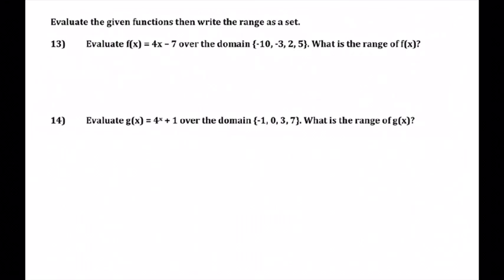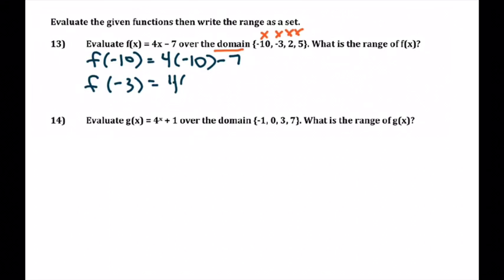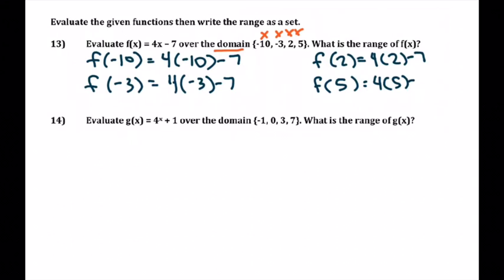For number 13, it says to evaluate f of x equals 4x minus 7. And so what that means is y equals 4x minus 7. And over the domain, these are all x's. So one at a time, we're going to let each of those be an x. So first, f of negative 10. That means 4 times negative 10 minus 7, and then f of negative 3, which means 4 times negative 3 minus 7. f of 2, 4 times 2 minus 7, and f of 5, which is 4 times 5 minus 7.